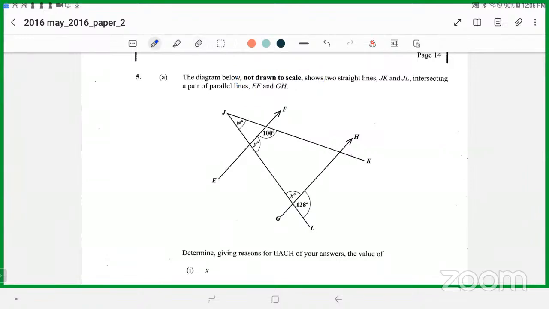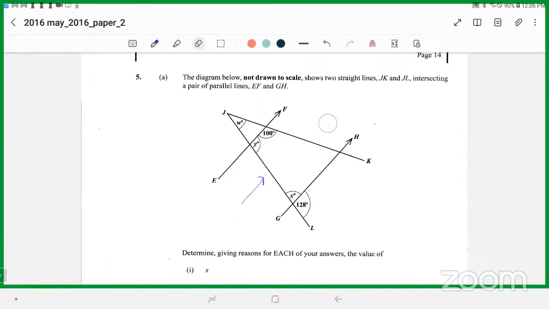It shows two straight lines, JK and JL, that are these two, this one and this one. They intersect a pair of parallel lines. So these are the parallel lines, EF and GH. So these are parallel lines, and these are like transversal lines.